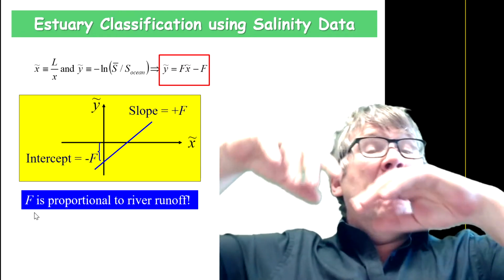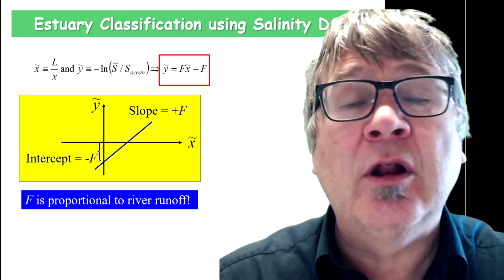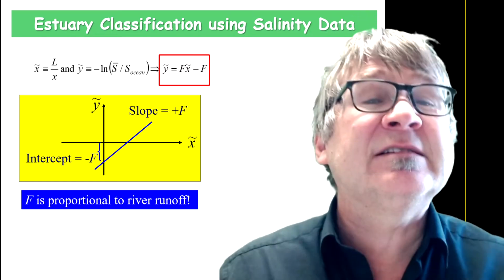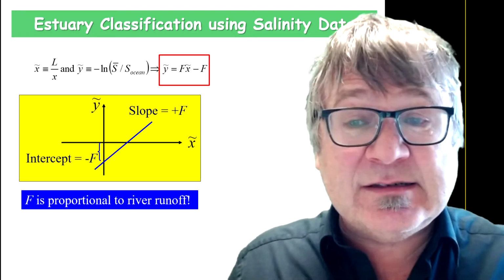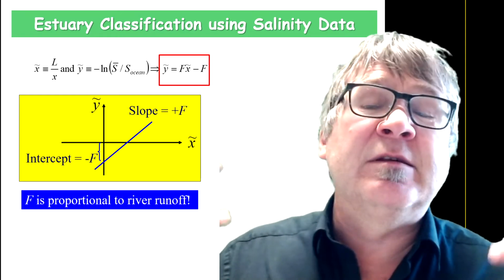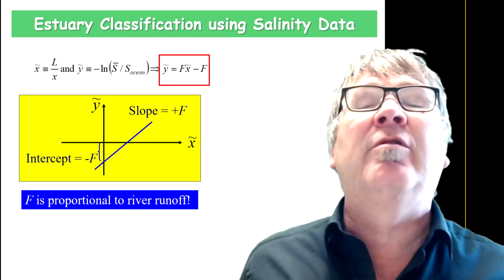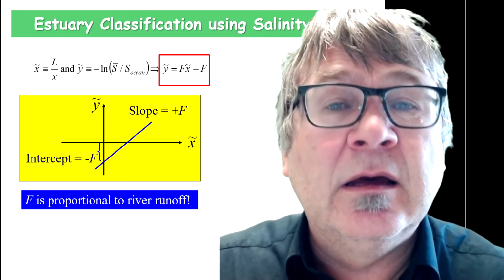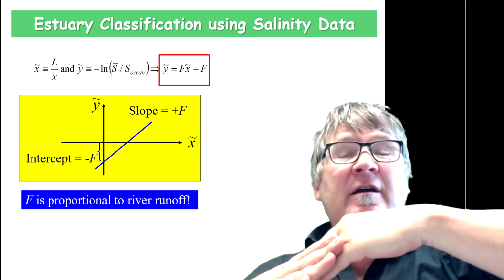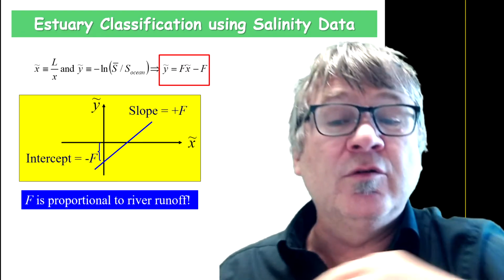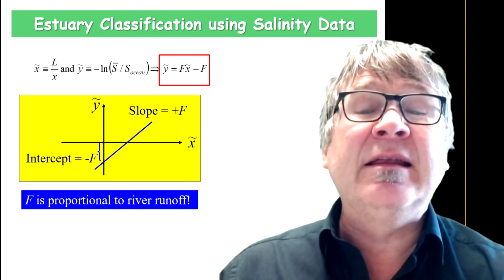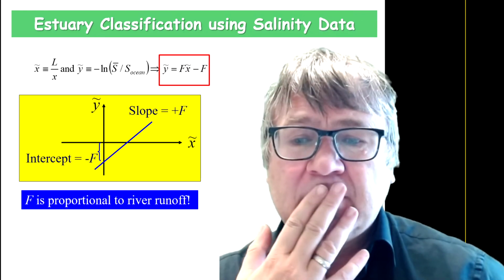So if you measure your salinity distribution along your estuary, and you plot it in a way where the x-axis is L over x, the inverse of the normalized distance, and the y-axis is the negative natural logarithm of the salinity ratio, you get a line. And the f value is what you can determine from the slope, and minus f from the intercept.